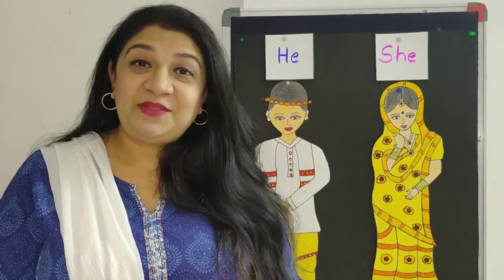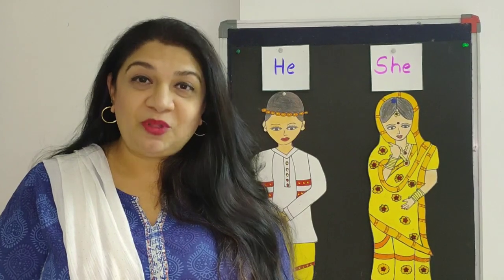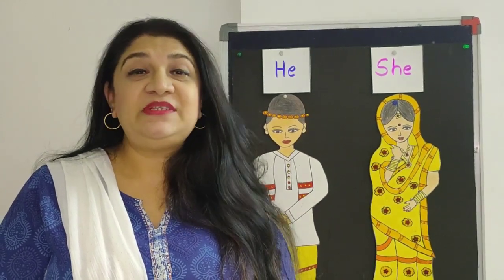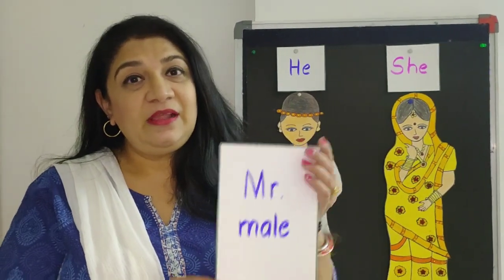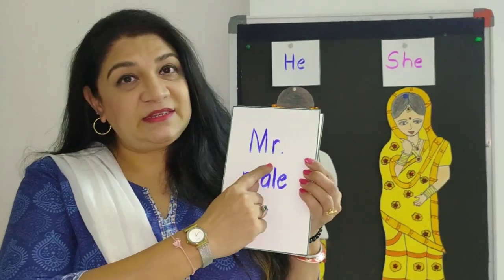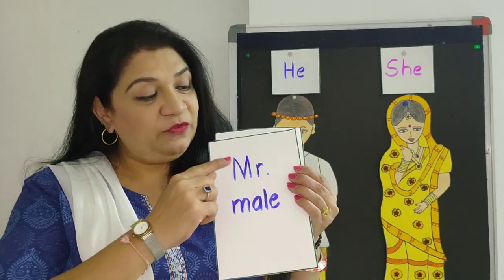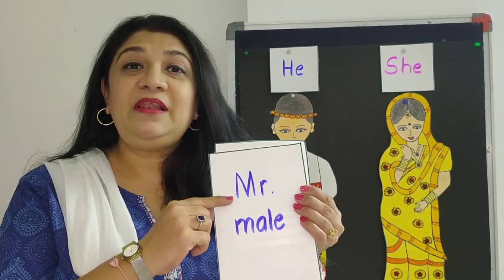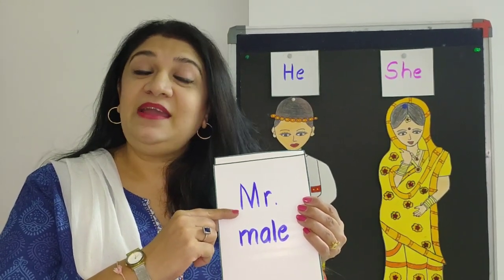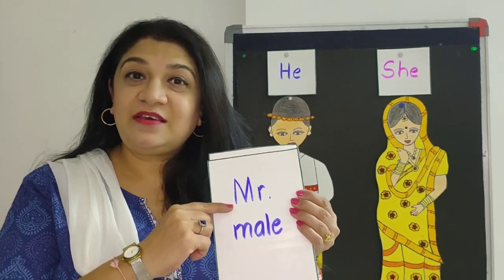So children, now that you have understood he and she, let me explain one more thing about when we use he and she in a different format. For example, when we use Mr. and Mrs. So, we use Mr. for a male gender. For example, Mr. Vijay is my sir, or Mr. Shah is my father.